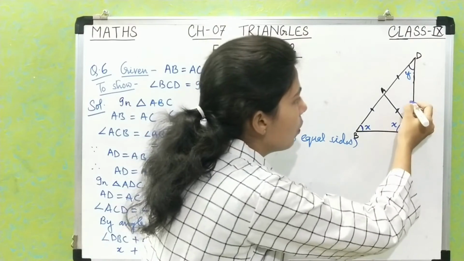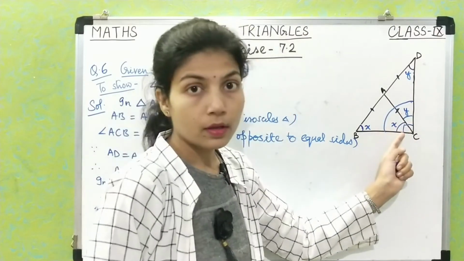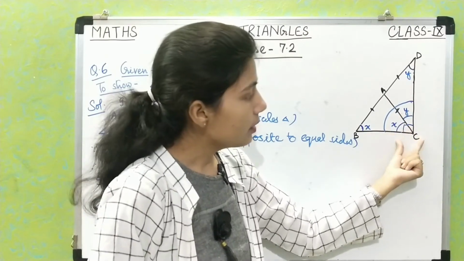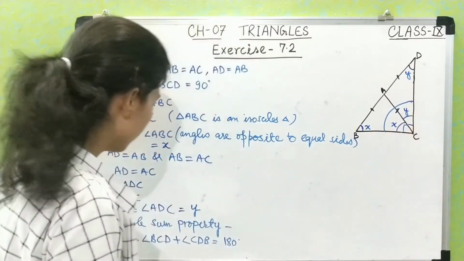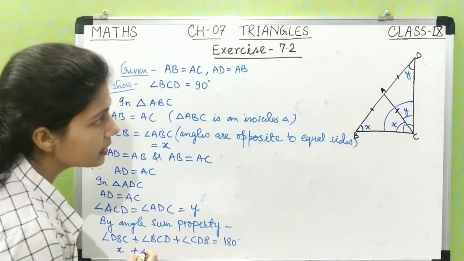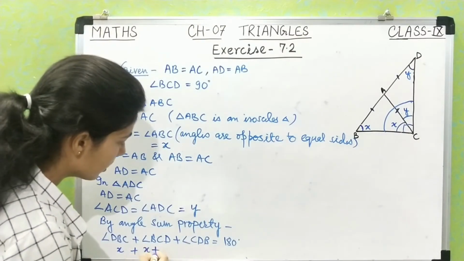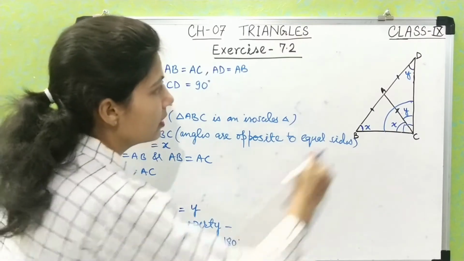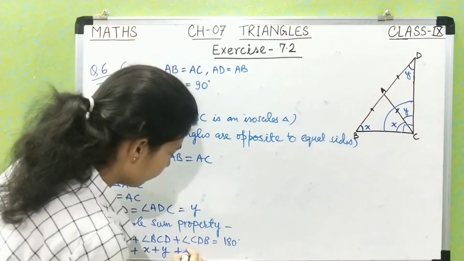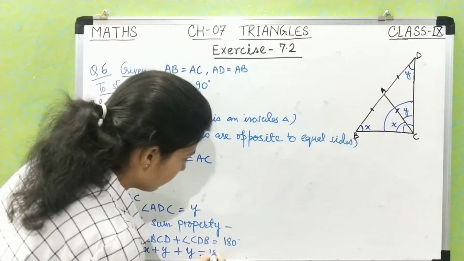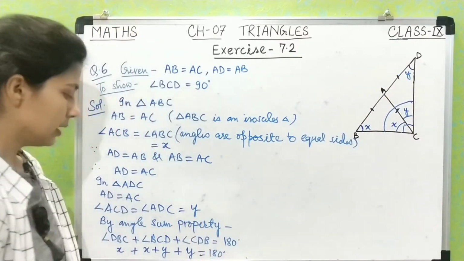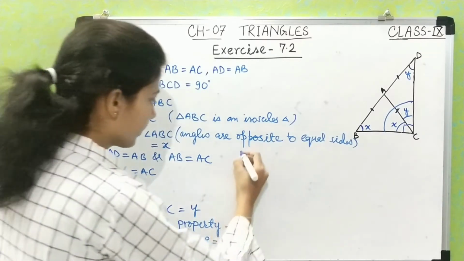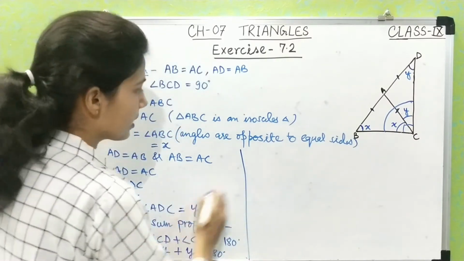So we will write angle BCD as x plus y. Now angle CDB is y, so the total equals 180. Now see, there are two x and two y, meaning we will write it as x plus x, which is what?